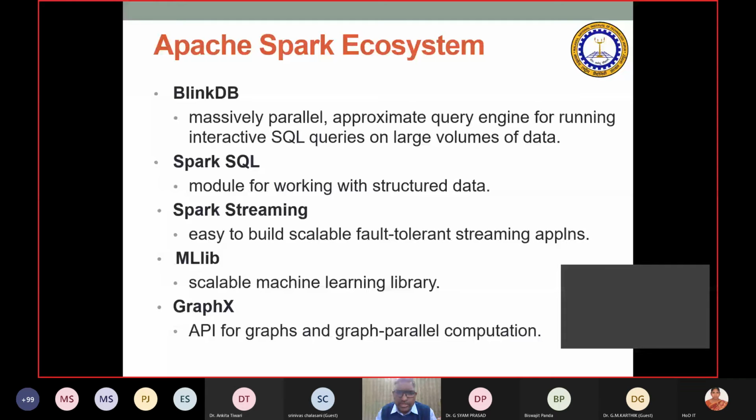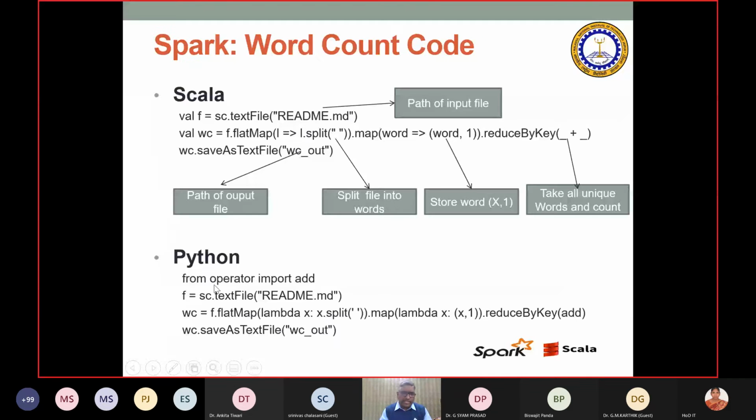So this is an example of how simple the word count program will be, right? The word count program which we discussed earlier, if it is done in Python, you read the file, the readme.md file, and then you split it wherever words are separated by a space.